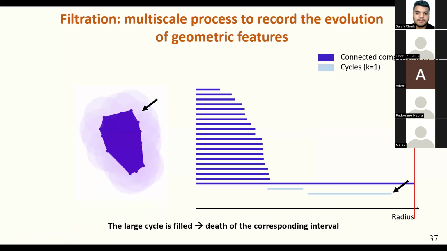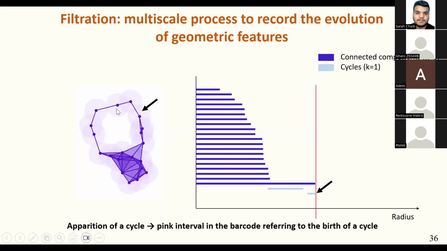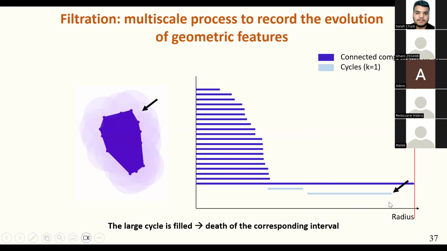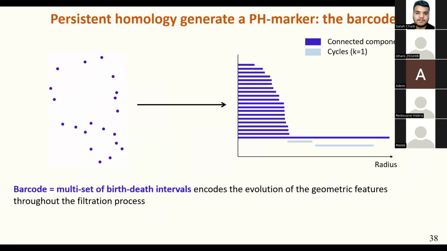When the radius is large enough, at the last step of the filtration, the cycle that was here disappears, and this is represented by stopping the interval when the cycle disappears, and we obtain the barcode that represents this point cloud.